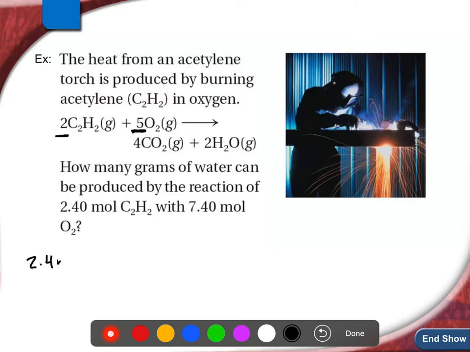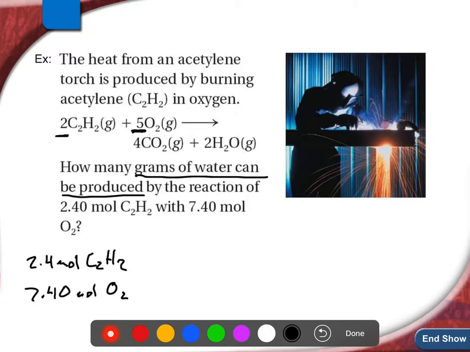You do the 2.4 moles of ethene and the 7.4 moles of oxygen, and then you would go to grams of water. Whichever one makes the least water is the limiting reactant, and it tells you how many grams of water can be produced, the maximum amount.